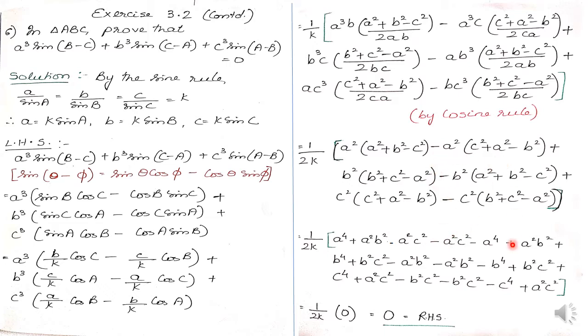That is, minus into plus gives us minus, minus into minus gives us plus, and so on. Then after that, we cancel out the common terms. That is, a raised to 4 can be cancelled out with minus a raised to 4. In this way, whichever terms are equal and opposite, they are all cancelled together.